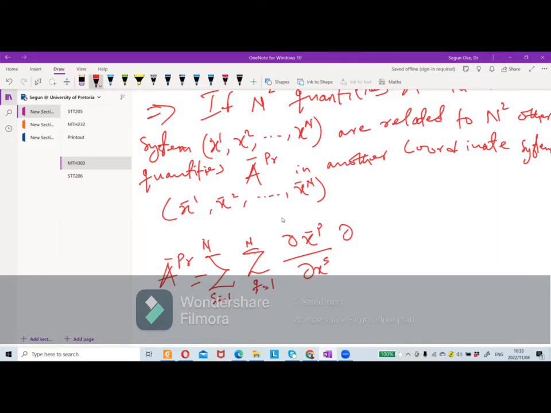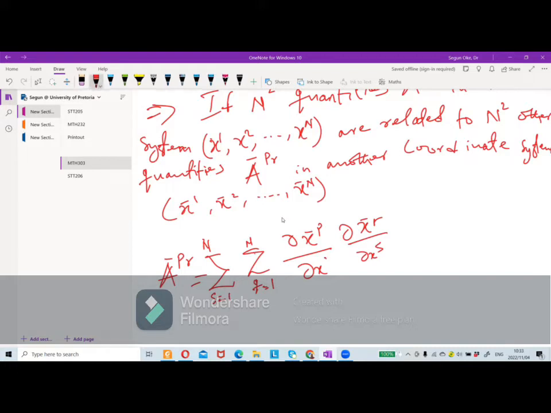Same thing, the x bar, we are trying to split those representations, raised to power r over the x raised to power s.